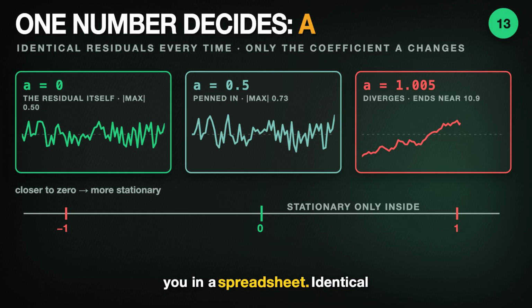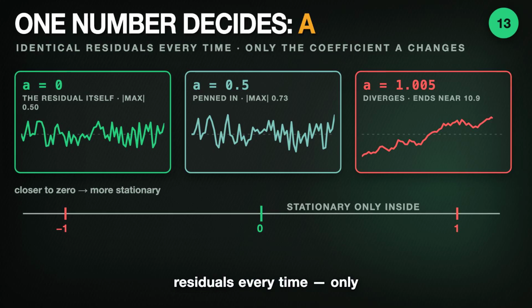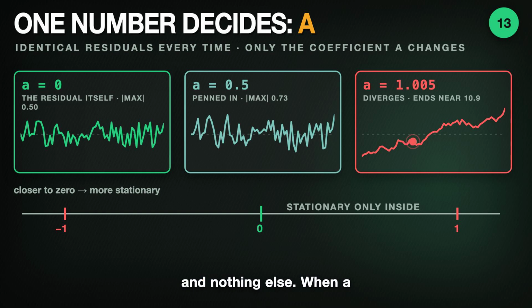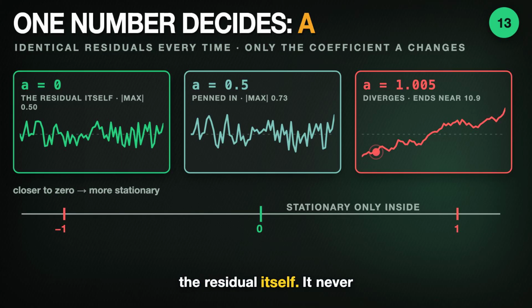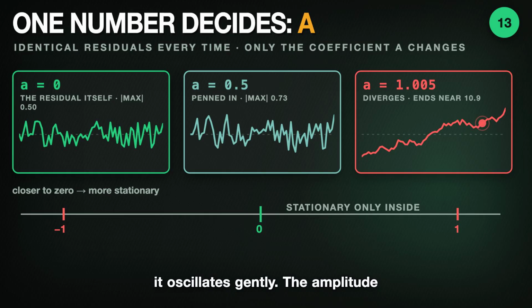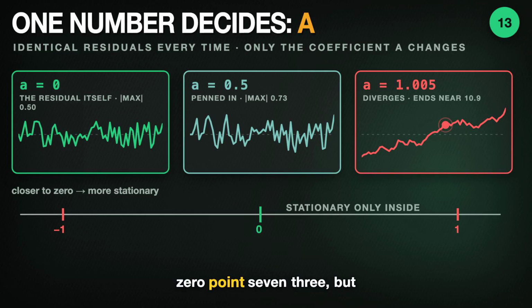Let me show you in a spreadsheet. Identical residuals every time. Only A changes. So any difference you see comes from A and nothing else. When A is 0, you just get the residual itself. It never leaves half a unit. When A is 0.5, it oscillates gently. The amplitude grows a bit to about 0.73, but it stays penned in.